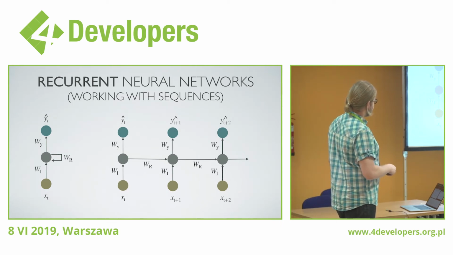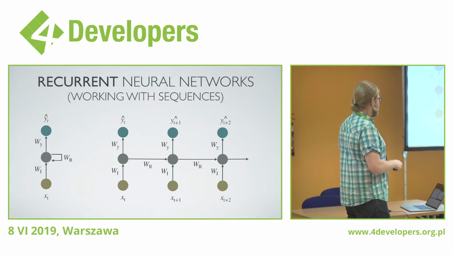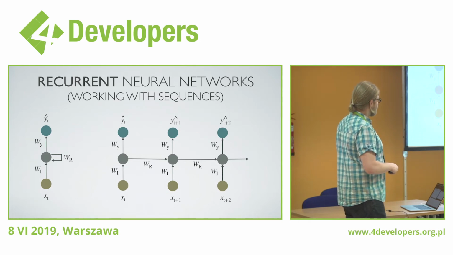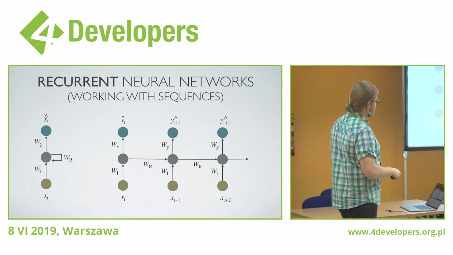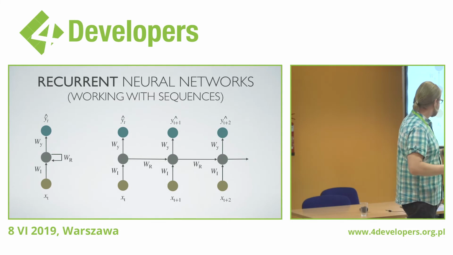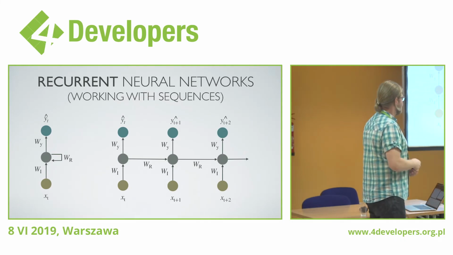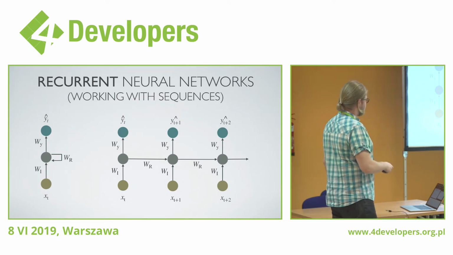You multiply that to get the output layer. But you don't only use the output of this layer to calculate the output layer. You also use it in the next time step in combination with the next time step input to calculate this particular value for this hidden layer.